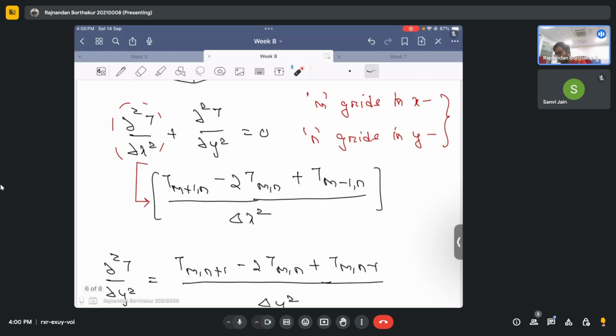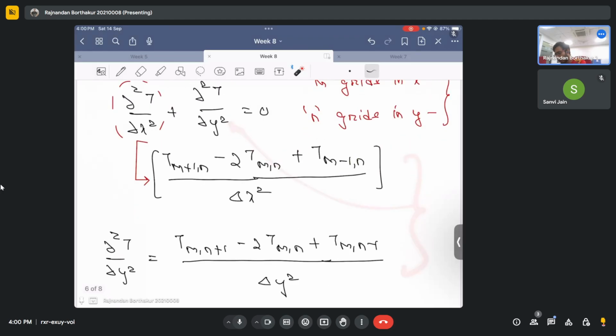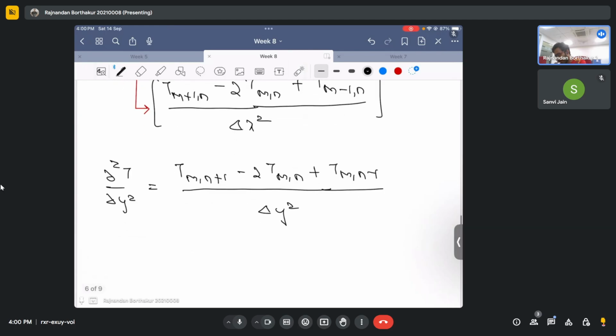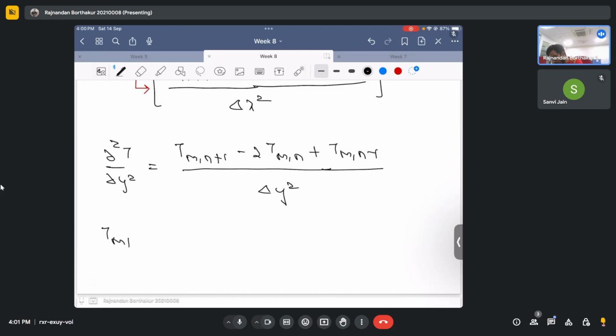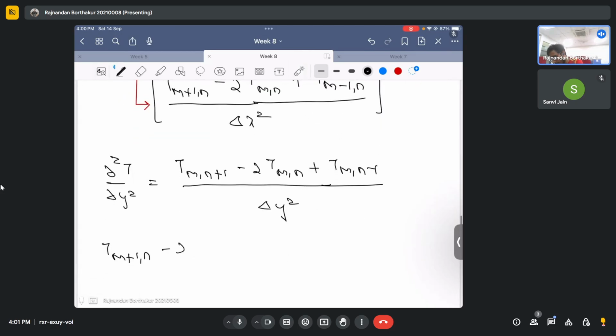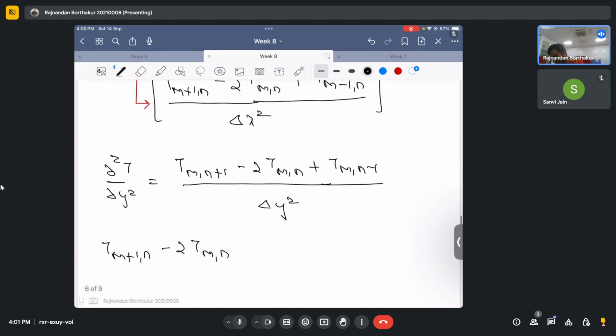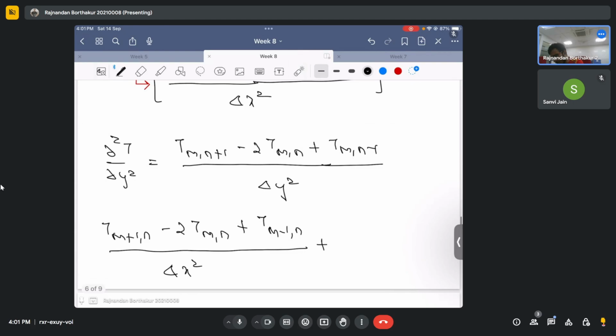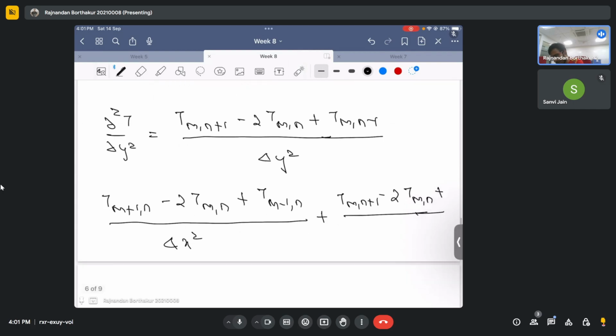Okay. So now if I substitute these two here, we will get T at m plus 1 comma n minus 2 times T at m n plus T at m minus 1 comma n, divided by delta x squared, plus T at m comma n plus 1 minus 2 times T at m comma n plus the other term, T at m comma n minus 1, divided by delta y square.